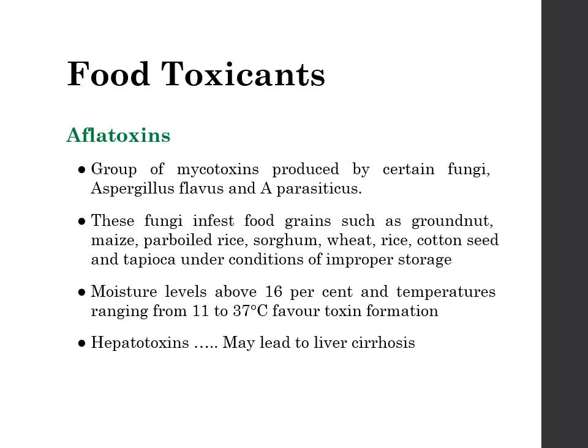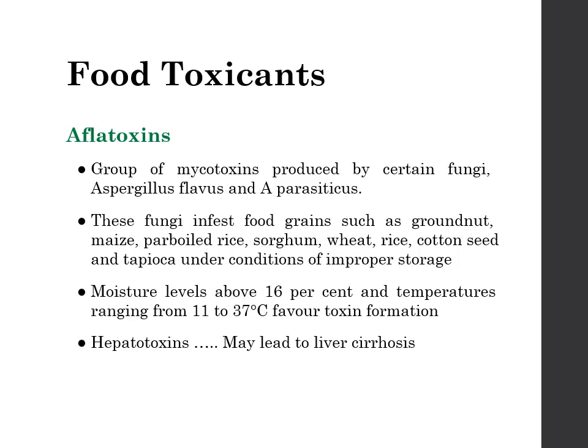These fungi infest food grains such as groundnut, maize, parboiled rice, sorghum, wheat, rice, and cotton seeds under conditions of improper storage. If moisture level is above 16% and temperature is between 11 to 37 degrees centigrade, these conditions favor toxin formation.